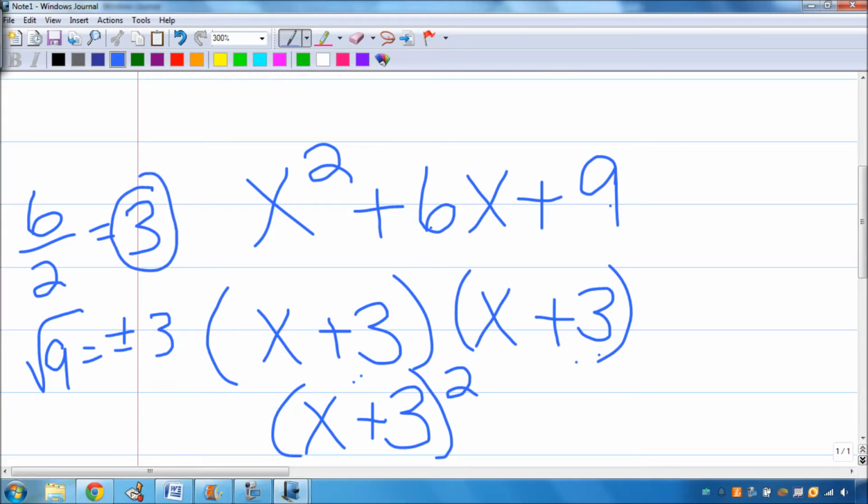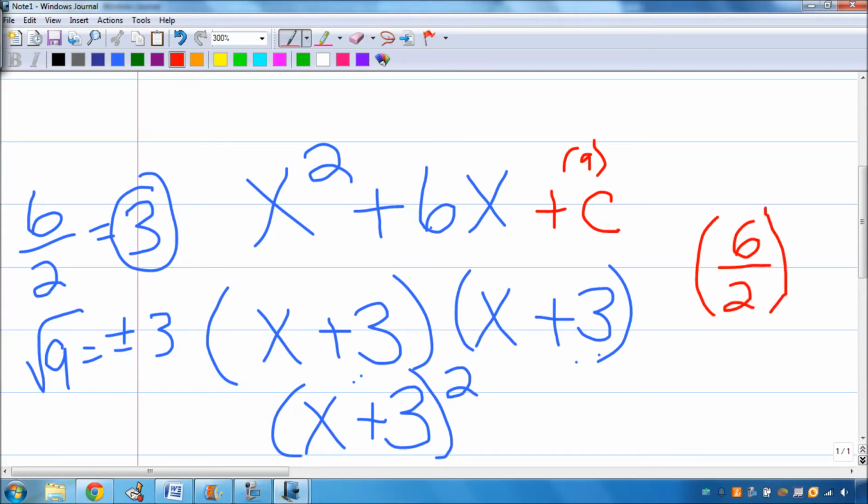Now, if I didn't tell you what this value is right here, you could figure this out. So if I instead said, figure out what the C value is right here, and remember we got 9, so we'll talk about how we get 9. All you have to do is take the B value, divide it by 2, right?